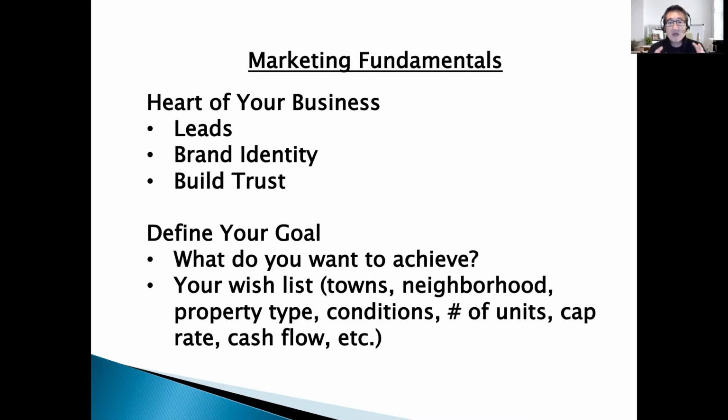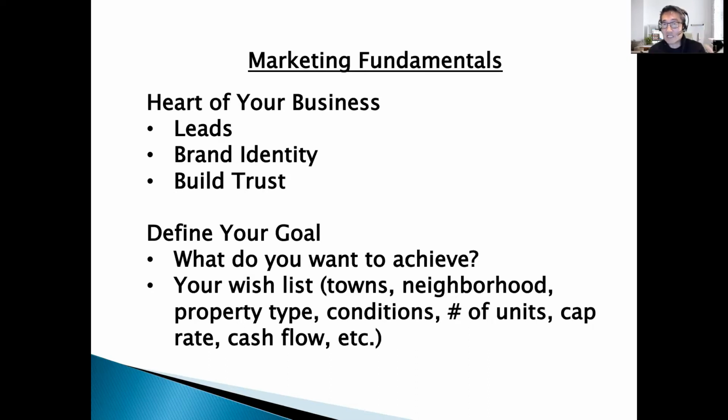Okay. And the second part of this, the first part, is defining your goals. What do you want to achieve? A lot of times, when people start any business, they don't have any specific goal. They just want to start out and do their first deal. So, what do you want to achieve?